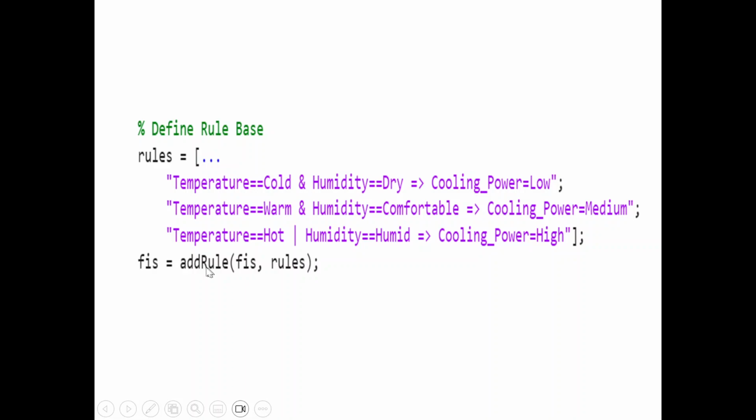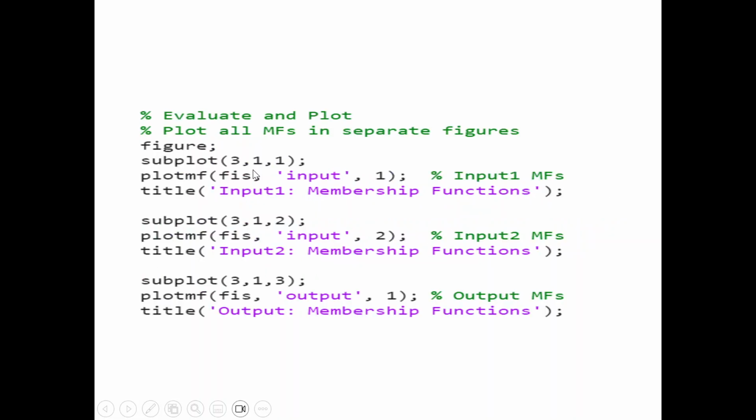We then have the top portion, the middle portion and the bottom portion. For the top portion, I want the input temperature membership function to be there, and that is 1, and the second input to be there, that is 2. Then the third plot, I want the output membership function to occupy it.